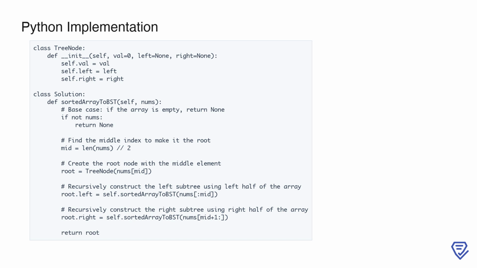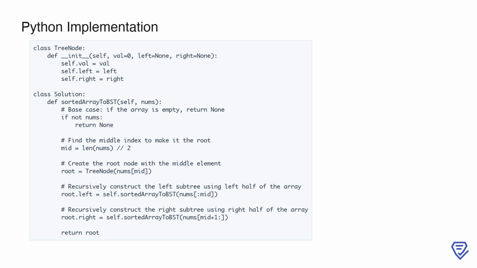3. Middle element is root. The middle index of the array is calculated using len(nums) // 2. The middle element ensures that the left and right subtrees are approximately equal in size, maintaining the height balance. 4. Create root node. A new TreeNode is created, initialized with the value of the middle element, nums[mid]. 5. Recursive construction of subtrees.